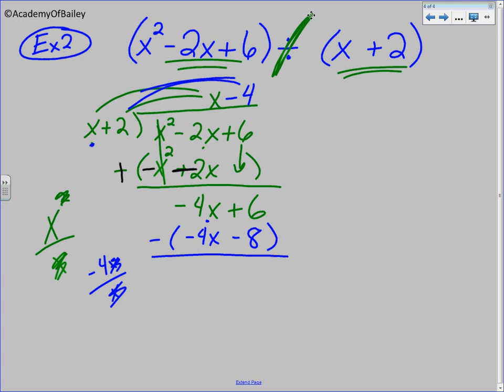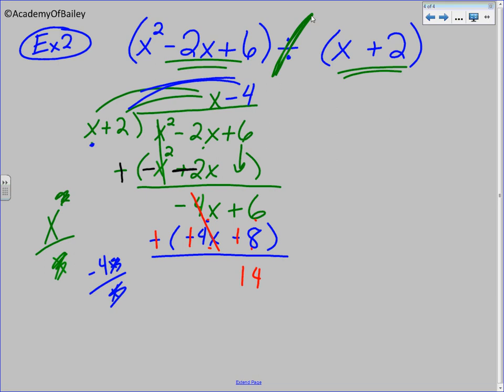And let's subtract. Let's make this a plus, make that opposite sign, and make that an opposite sign. Negative 4x plus 4x cancels, and 6 plus 8 makes 14. We're at the very end right here. There's nothing else to drop down.